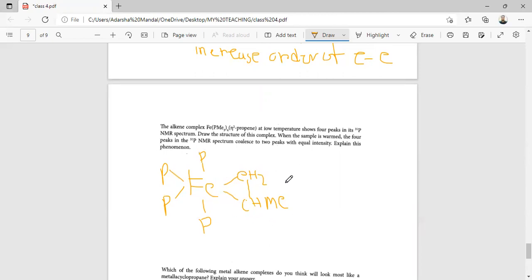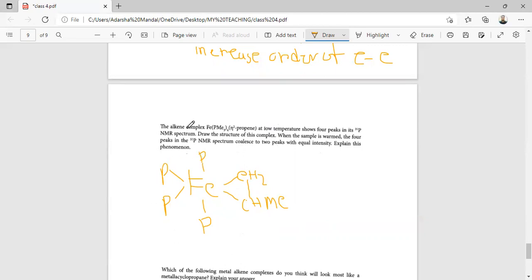So at low temperature, when the propene is bound, it is an octahedral geometry, and all the 4 trimethyl phosphine ligands appear at different chemical shifts due to the unsymmetrical nature of the alkene. So that means at the lower temperature this alkene is bound unsymmetrically, so all the phosphines are not equal.